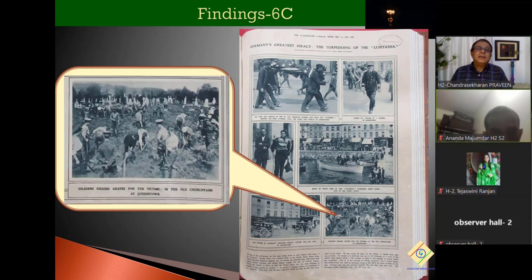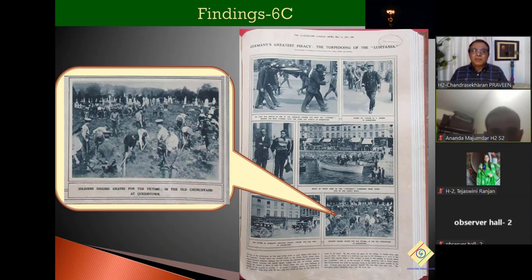And here, Germany's greatest piracy, the torpedoing of the Louisiana. And these are real photographs. So it was a big tragedy, unimaginable. And this magazine was trying to communicate this message about it to the people.